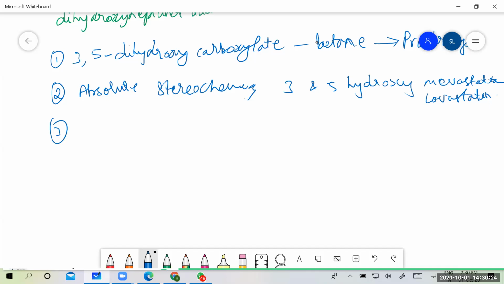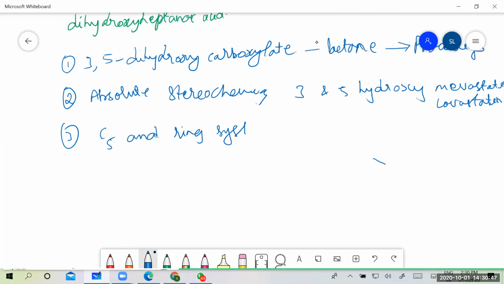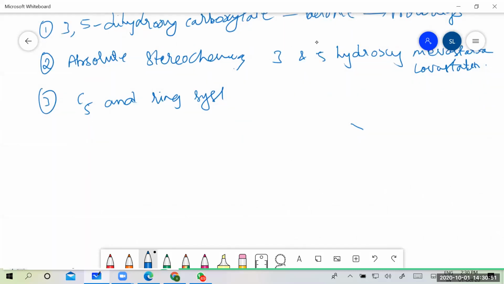Then coming to the third point, that is altering the two carbon distance between C5 and the ring system. If you are changing the distance between the lactone ring and the heterocycle, whether it is ring A or ring B, then it leads to a reduction in activity, or diminishes or fails to improve activity.